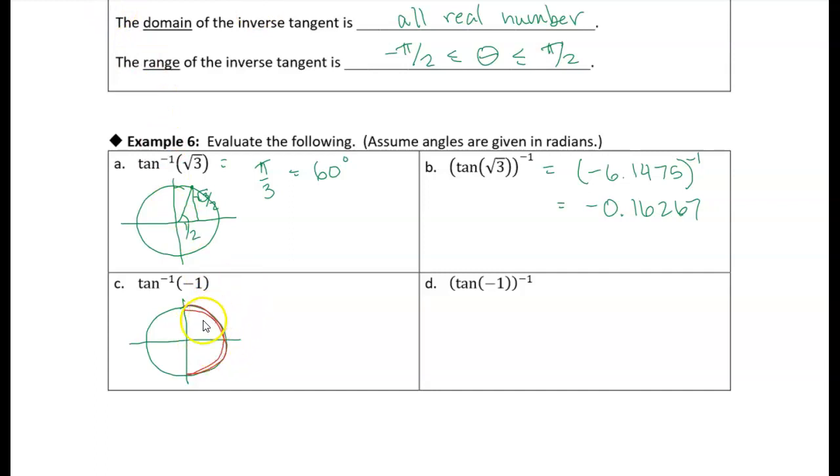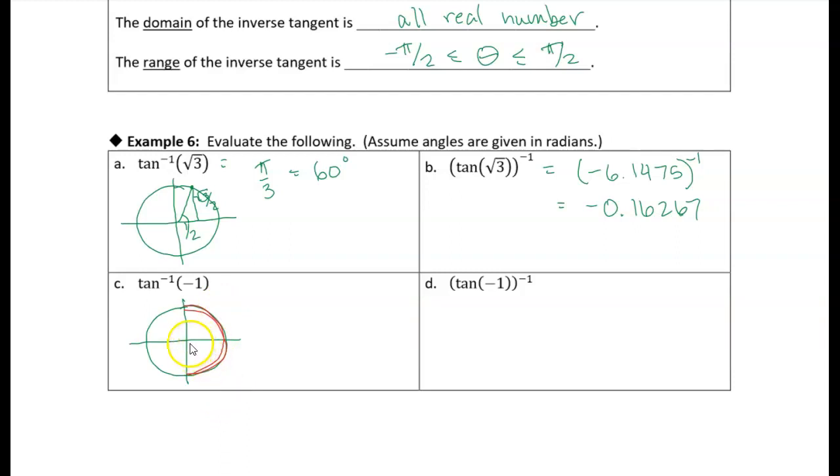So then I have to figure out what quadrant has negative tangent values. So I know that tangent is sine over cosine, so the tangent values in quadrant 1 are positive. Down here in quadrant 4, the tangent values are negative.